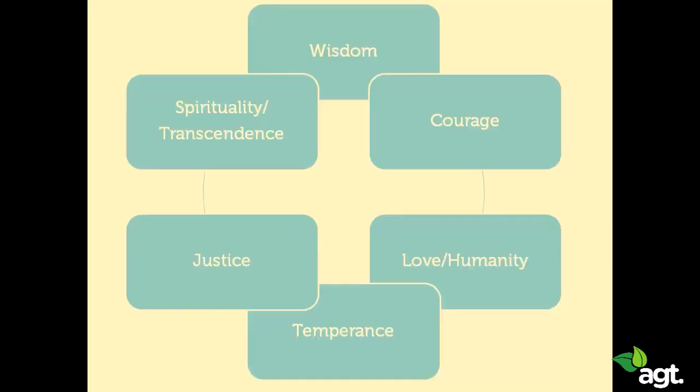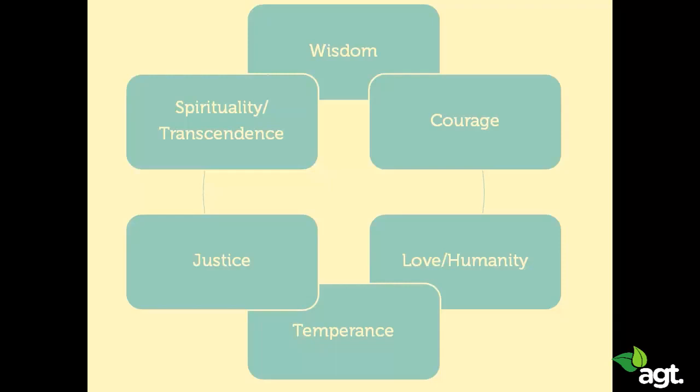What they learned was that they all shared 6 common virtues: wisdom, courage, love or humanity, temperance, justice, and spirituality or transcendence. What they said is that if we want to be happy, we have to figure out how to put these 6 virtues into actions.